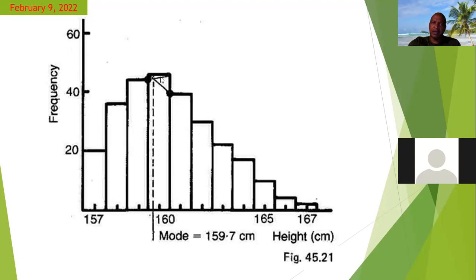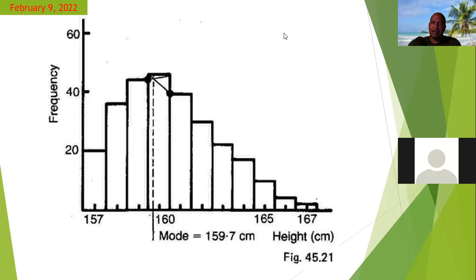So you draw from corner to corner, and then wherever the two diagonal lines intersect, you draw a vertical line down to meet the x-axis, and whatever value you read from the x-axis gives you your mode. So the mode here will be 159.7.